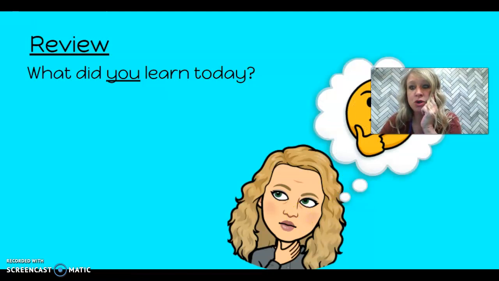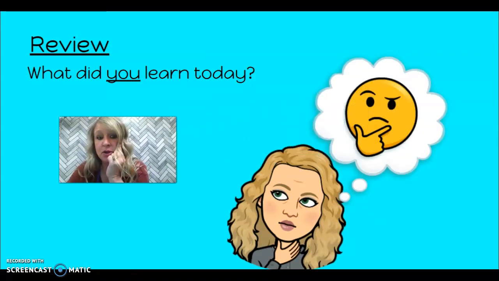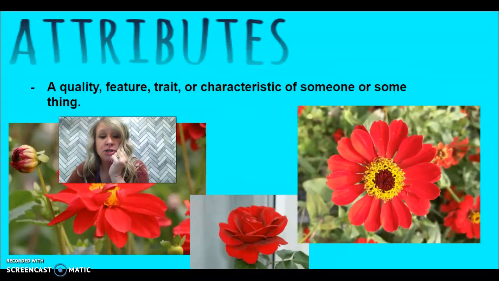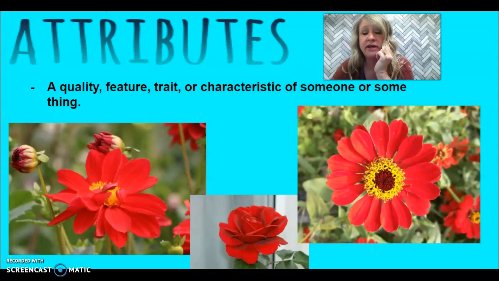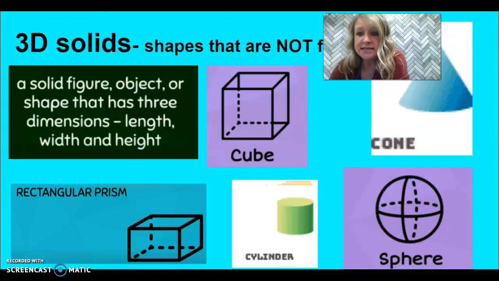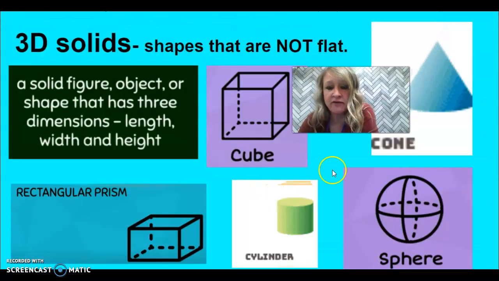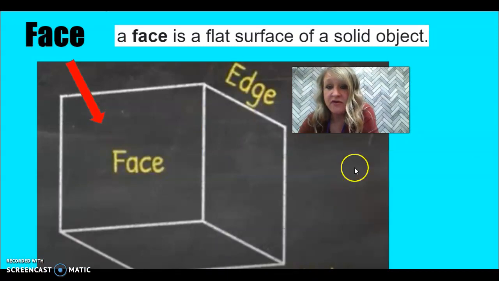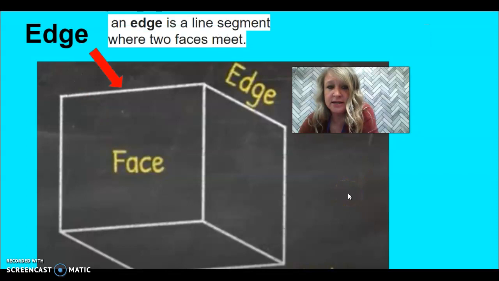What did you learn today, boys and girls? You learned that attributes are a quality, feature, trait, or characteristic of someone or something. 3D solids are shapes that are not flat. A face is a flat surface of a solid object. An edge is a line segment where two faces meet.